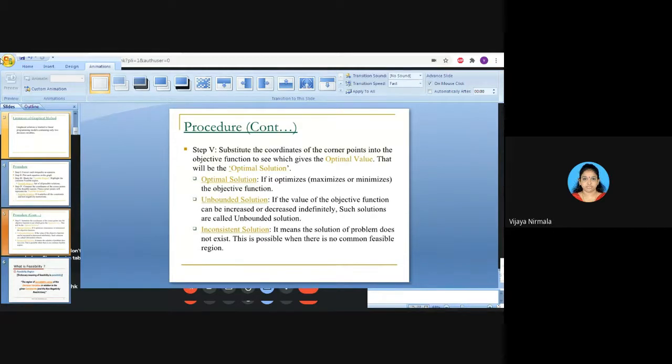Or the other one is inconsistent, that is you do not get a solution to the problem. That means there is no common feasible region. So in the problem, if there is no common feasible region, that solution is said to be inconsistent solution. So like this, we get three types of solutions. Optimal solution is the best one.